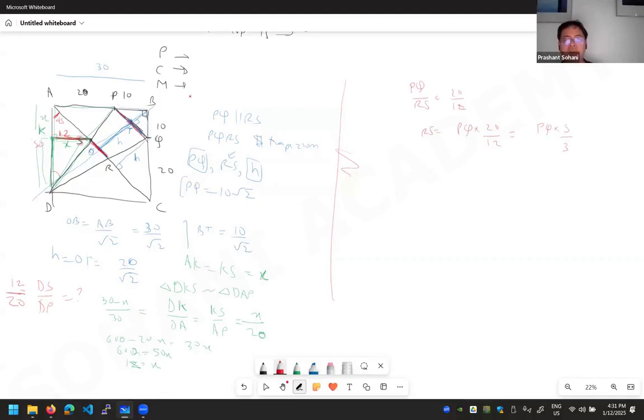And PQ we had found earlier. So now I have all the parts, right? So I can write area of PQRS will be half into height. Height was our h, that 20 by root 2, into sum of the parallel sides. So PQ plus RS. So RS is PQ into 5 by 3.